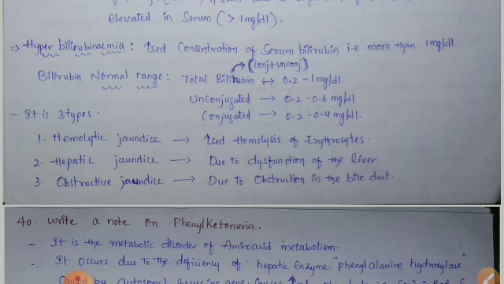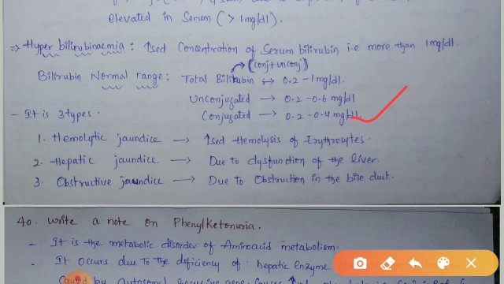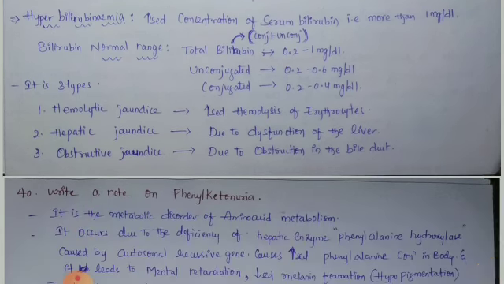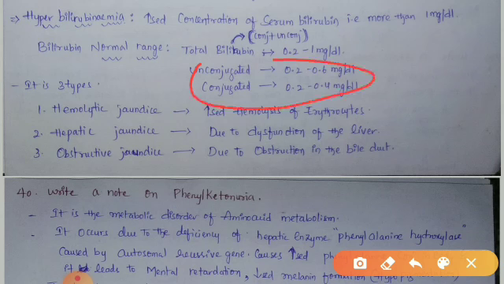The conjugated bilirubin range is 0.2 to 0.4 mg per dl. The sum of unconjugated and conjugated should not cross 0.2 to 1 mg per dl in healthy individuals. If the concentration crosses more than 1 mg per dl, that is known as hyperbilirubinemia or jaundice.